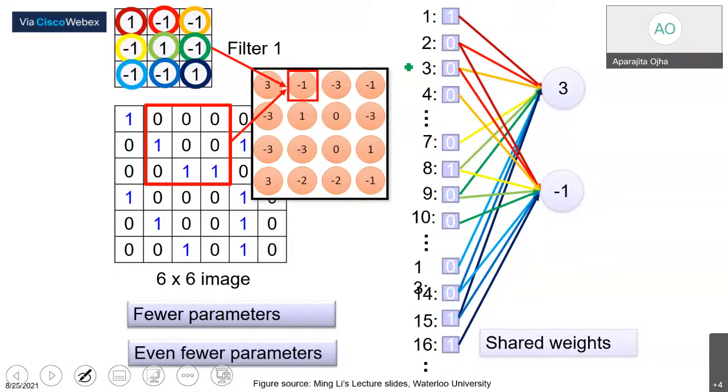You're not using another set of parameters for a different place, and you are using the same 9 parameters throughout. So what I intend to say is fewer parameters, why? Because you have a very sparse connection at a time, and at the same time, because the same connection parameters are used throughout the image, you have even fewer parameters.